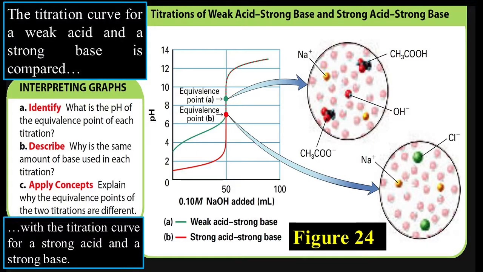The titration curve for a weak acid and a strong base is compared with the titration curve for a strong acid and a strong base. So here you see the difference. This is figure 24.